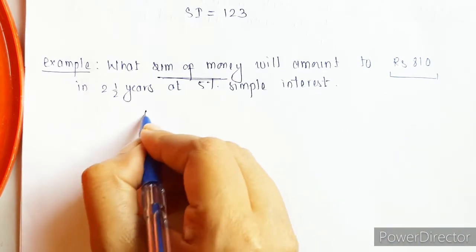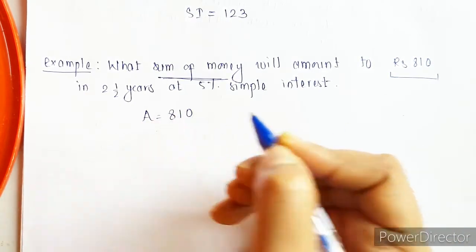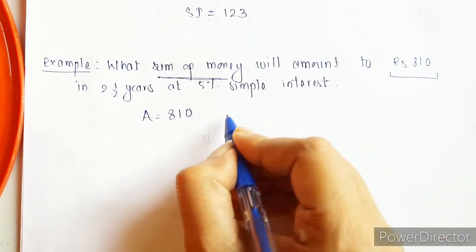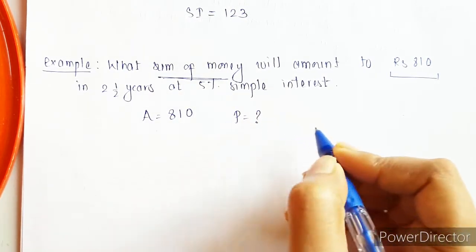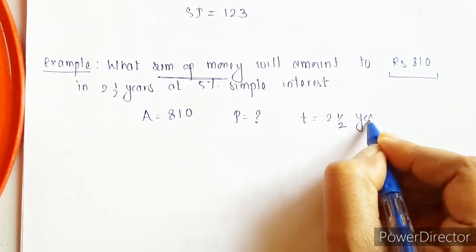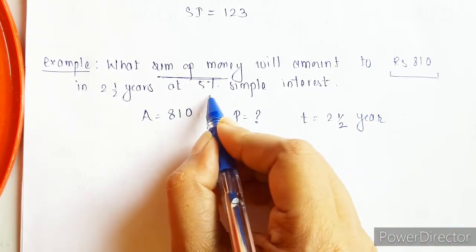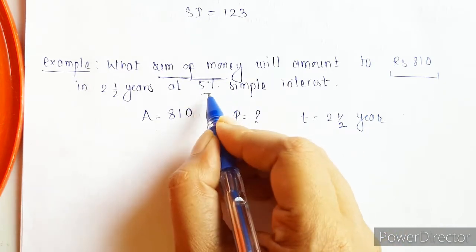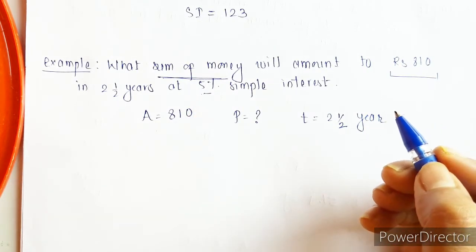So amount in this case is given as 810 rupees. So how much we shall invest so that after 2.5 years we are going to get 810 rupees at the rate of 5% per annum.